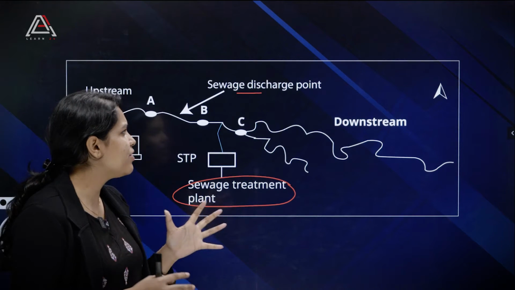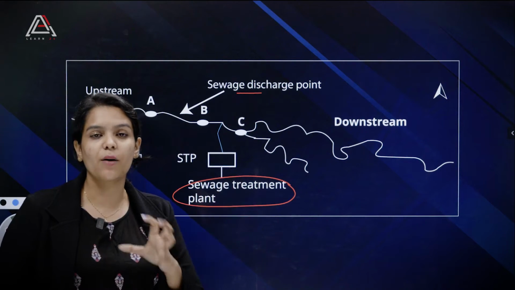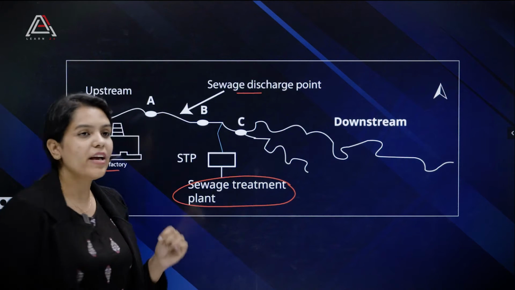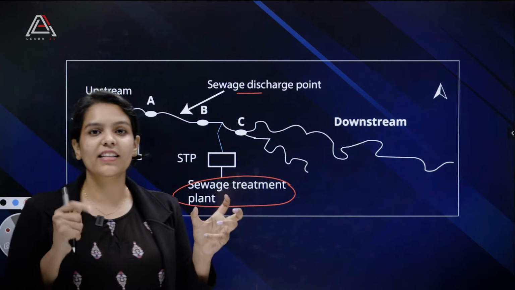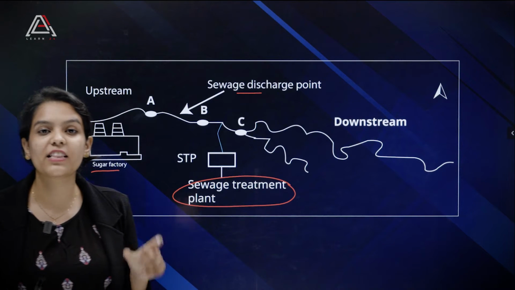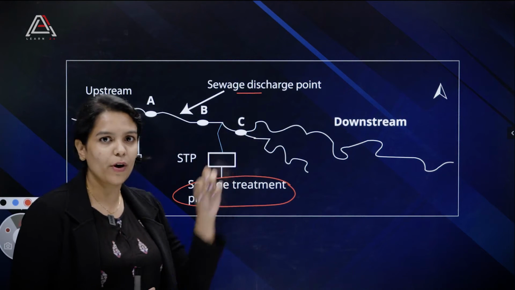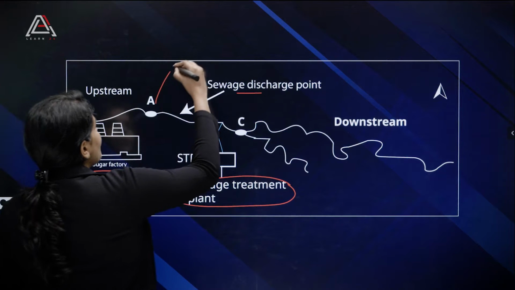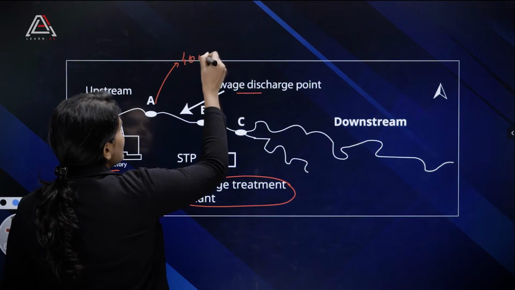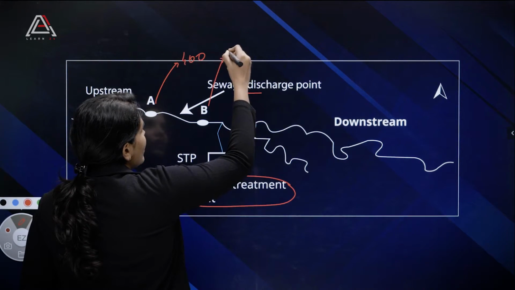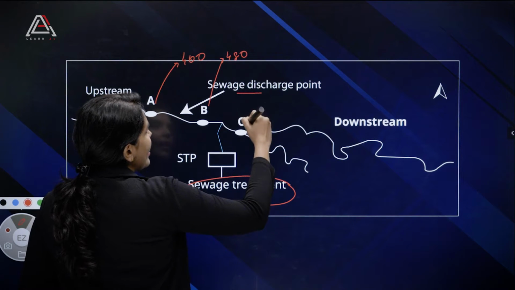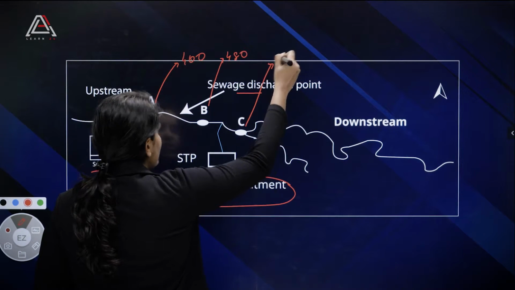So try to explain, and the second part they are asking about C. Okay, so try to explain the first part, that is what it indicates, with the A and B points. Okay, so at point A the BOD level was 400, and at B the BOD level was 480, and at point C the BOD level was 8.